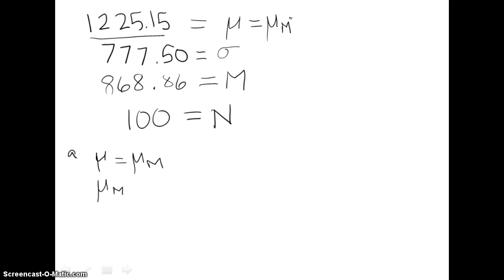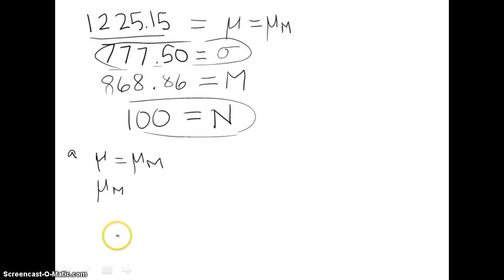$1,225.15. In order to get the standard error, however, we have to do some transformation. We do have the values we need: we have sigma, and we also have n. The standard error of the distribution of means, sigma sub m, is sigma divided by the square root of n, the number of scores.